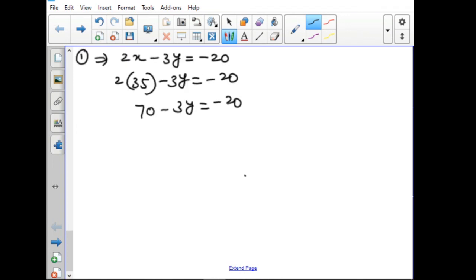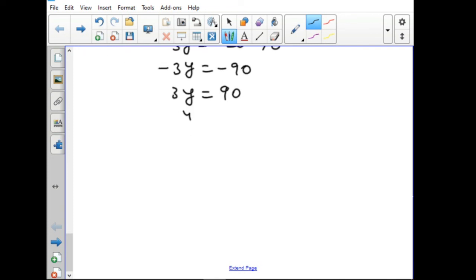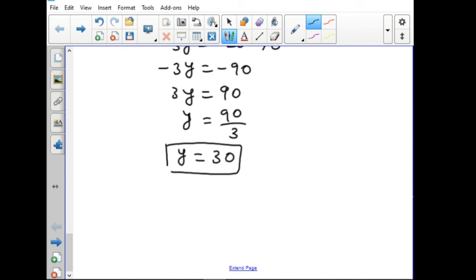This 70 coming to this side means minus 70. So minus 3y equal to minus 90. So 3y equal to 90. So y equal to 90 by 3. So we have to divide, and we are getting y equal to 30.